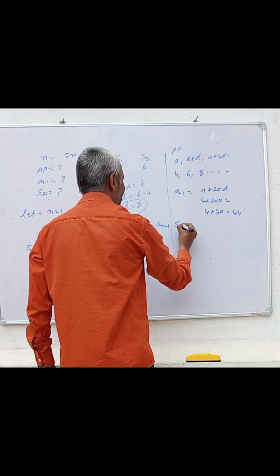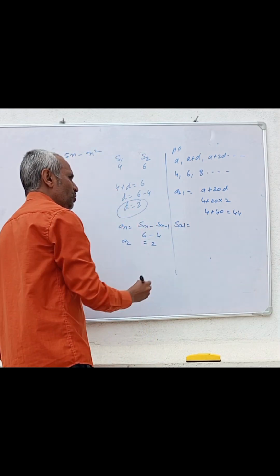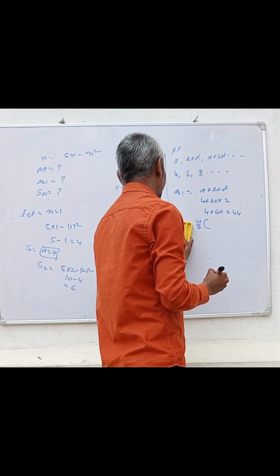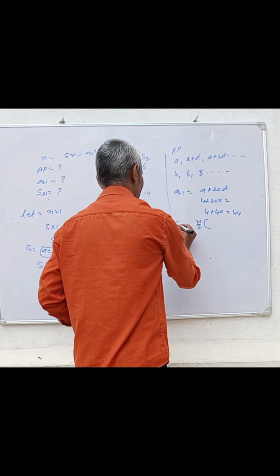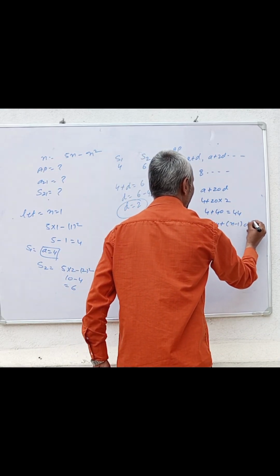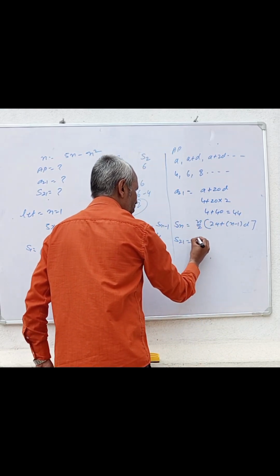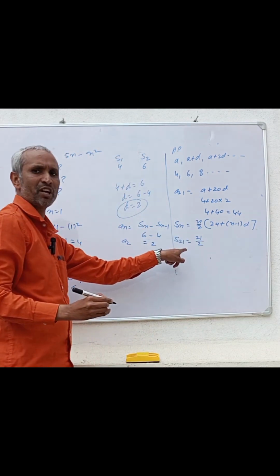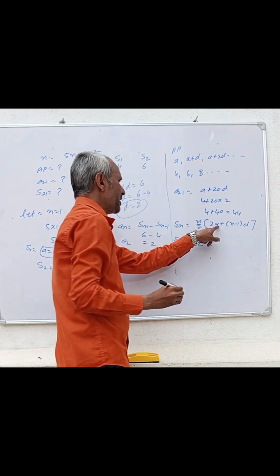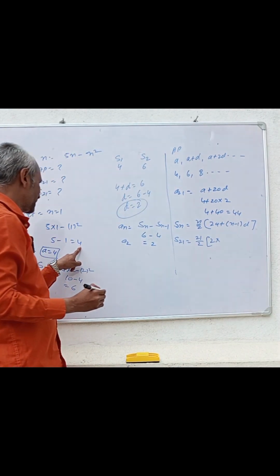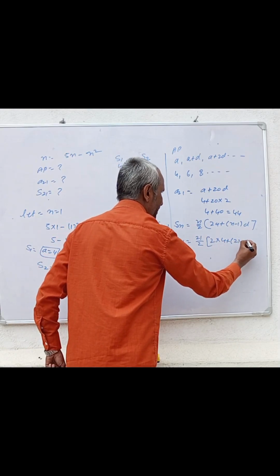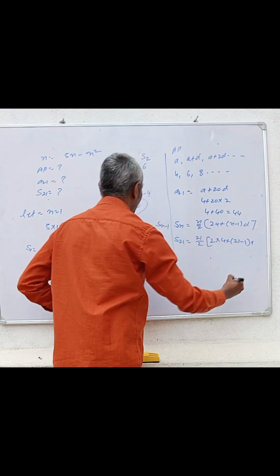Now we are getting the S21. S21 is equal to n by 2, writing the Sn formula. Sn is equal to n by 2 into 2A plus n minus 1 into D. S21 is equal to 21 by 2, n means number of terms. 21 by 2, 2 into A. A value we got is 4. Then 21 minus 1, D value we got here is 2.